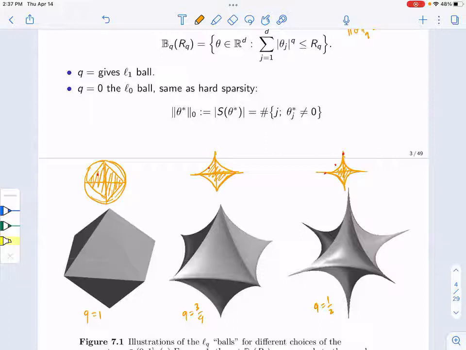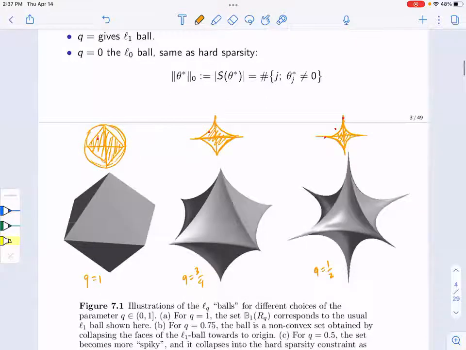And you can see that this is a convex set, the L1 unit ball, and also this one, but none of these others are convex. The fact that these are not convex means that the function is not a norm. It's a norm only if it's convex. What else?